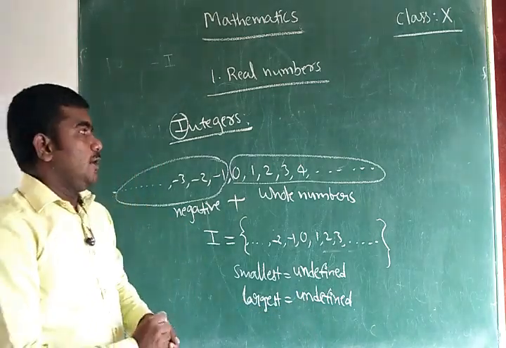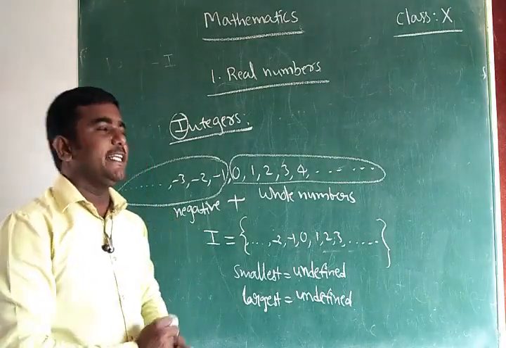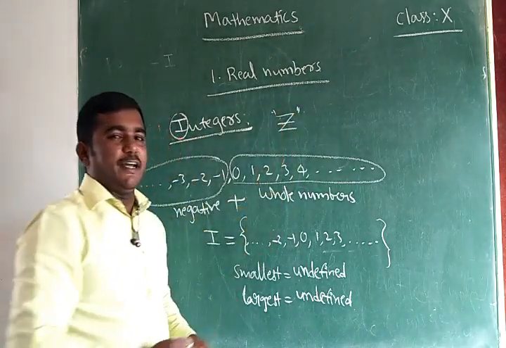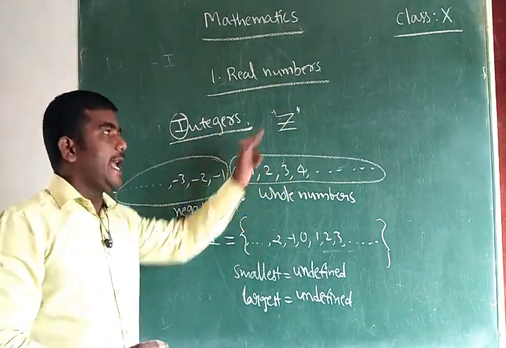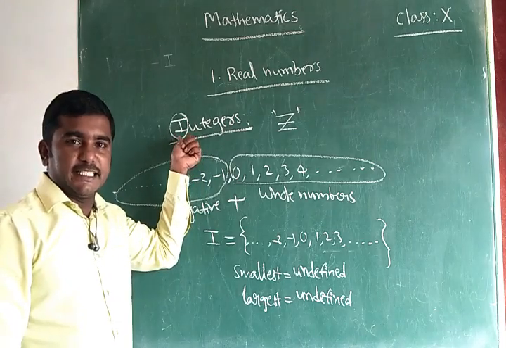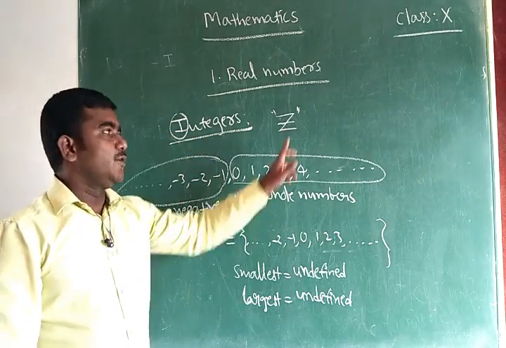Now these integers already came in 7th class, first chapter. Integers are denoted by I and also Z. You studied this already. I is taken from the first letter of integer. What is the Z?